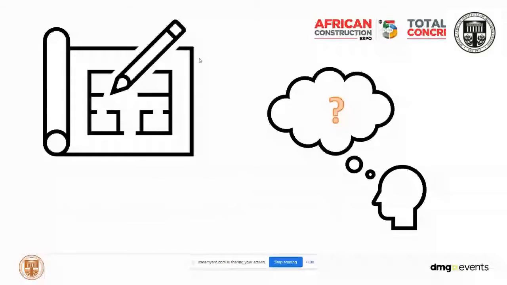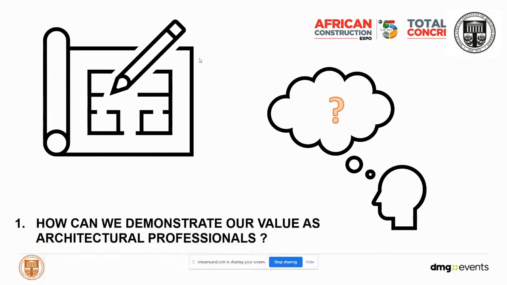These are some ideas that I'd like us to think about. Part of the idea in this presentation is to plant some seeds on the importance of demonstrating our value as RPs.